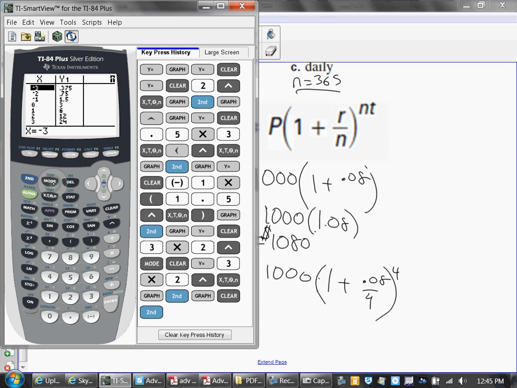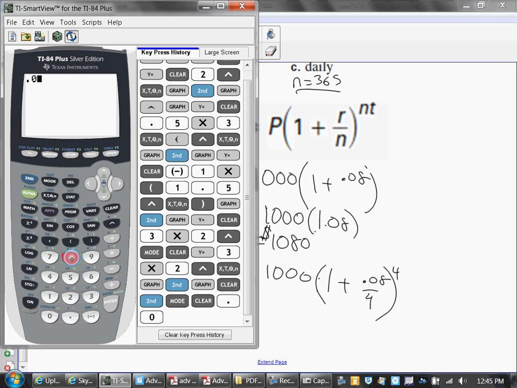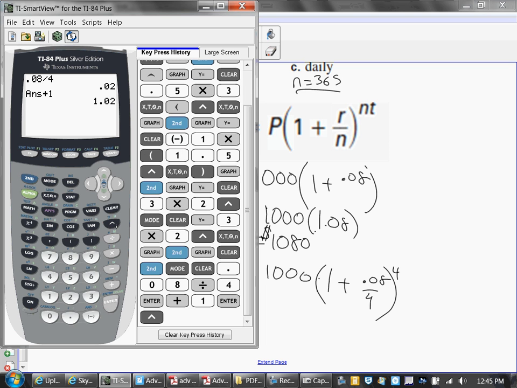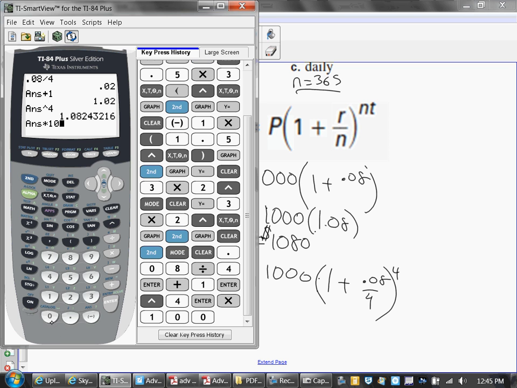So what I would do, if I were you, because I'm running a little short on time here, in my calculator, I would do just the parentheses part first. 0.08 divided by 4, add 1. Raise it to the 4th power. Times it by 1,000.